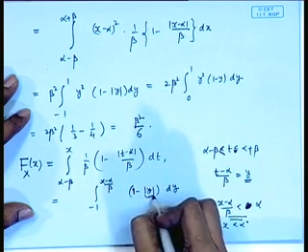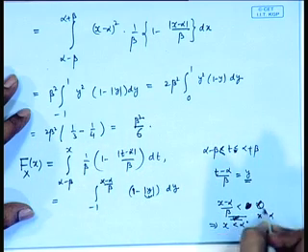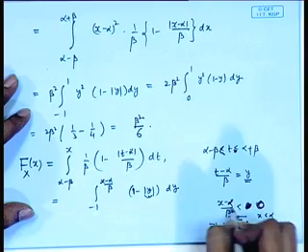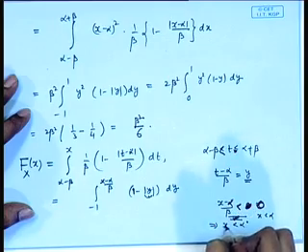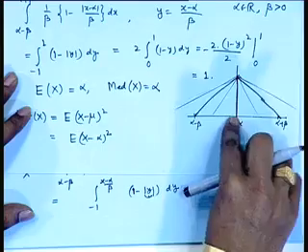So, we should consider (x minus alpha)/beta less than 0, which is basically x less than alpha, that means it is before the point of symmetry.